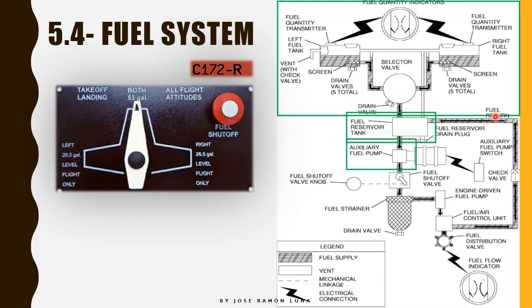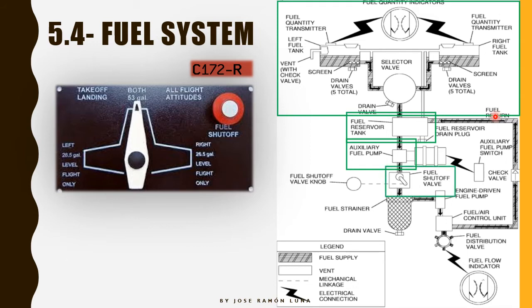So this pump is only for special occasions like maneuvers. It's also used as a primer, by the way. There's a procedure we will be talking about later where you prime the engine, but we don't have a primer here, so we're just gonna use the auxiliary fuel pump as a primer, all right? But as I said, the normal operation is going to be off most of the time.